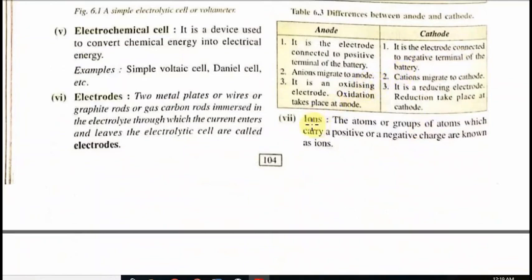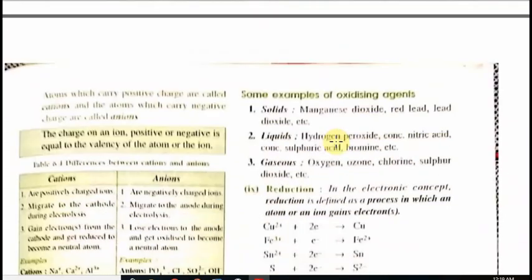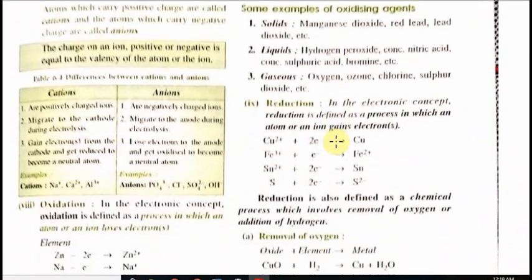Now ions are also defined. Ions are atoms or group of atoms which carry positive or negative charge. Ions are charged species of atoms. Next point we will see is the difference between cation and anion.